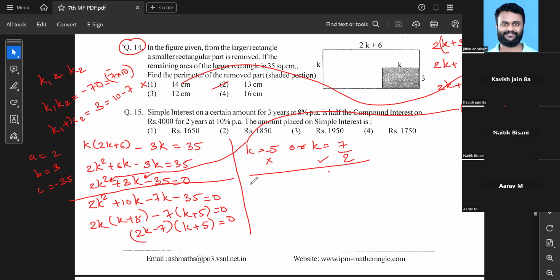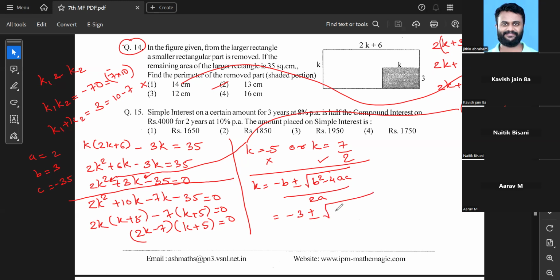The formula to find the values of k is minus b plus or minus under root of b square minus 4ac upon 2a. When I substitute the values, minus b gives you minus 3 plus or minus, which means for one root it will have plus and for the other root it will have minus.